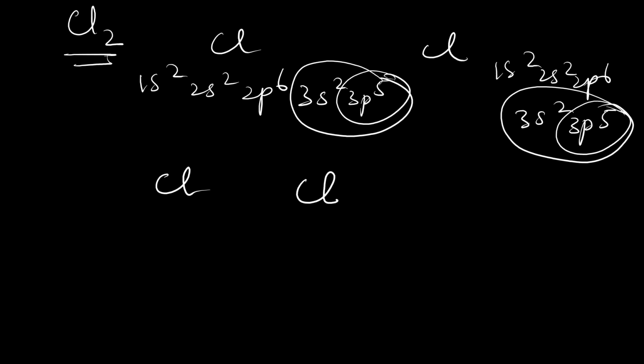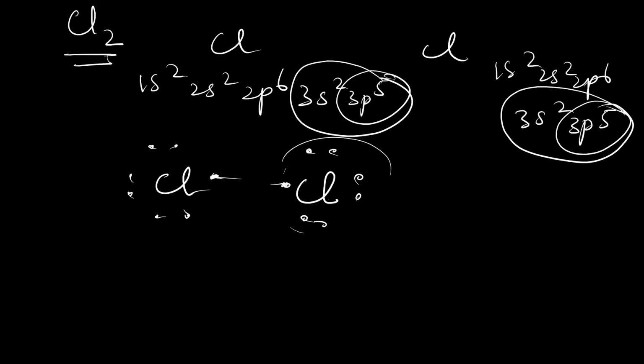To share electrons, because both chlorine atoms need one electron, in the middle we will write only one electron so that we can show the sharing, and the other 6 electrons will be written like this. Similarly for this chlorine, total 7 electrons.